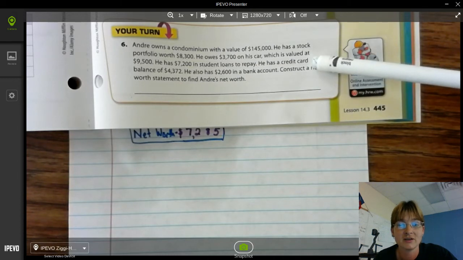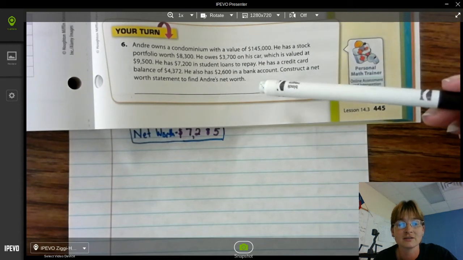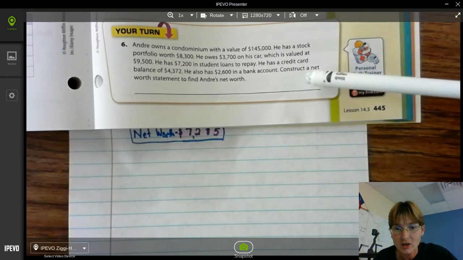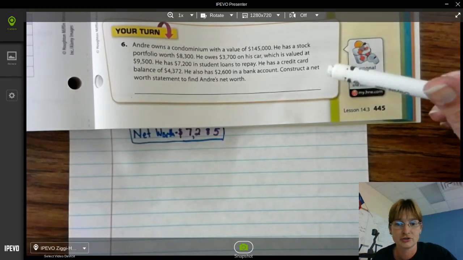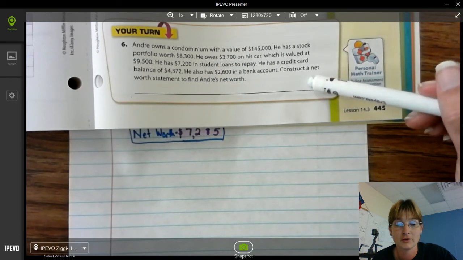He has $7,200 in student loans to repay. He has a credit card balance of $4,372. He also has $2,600 in a bank account. Your objective is to construct a net worth statement to find Andre's net worth.